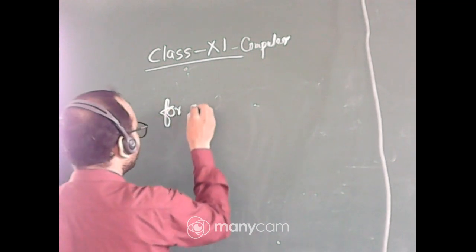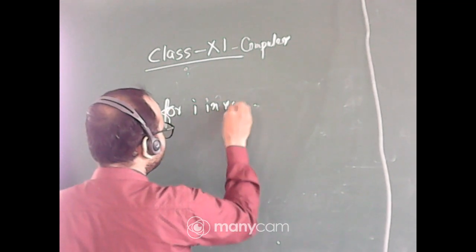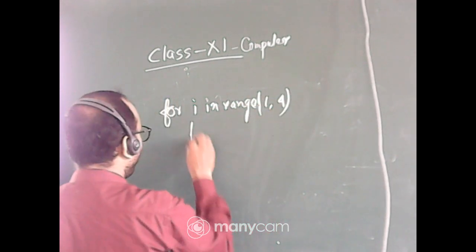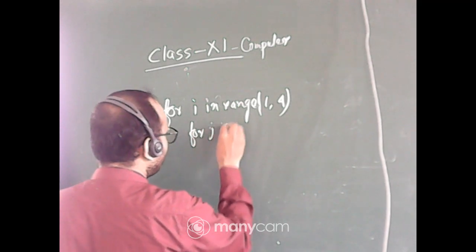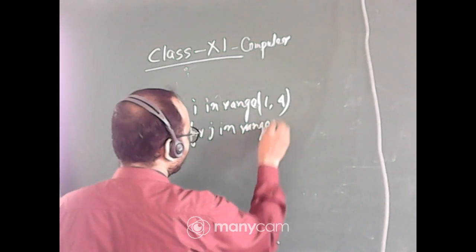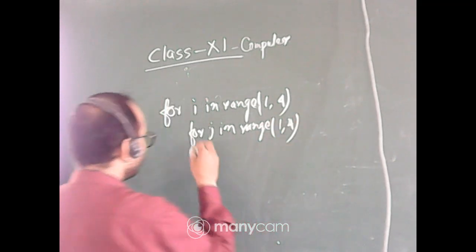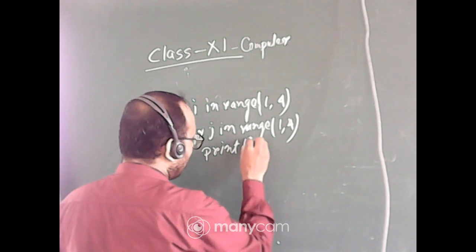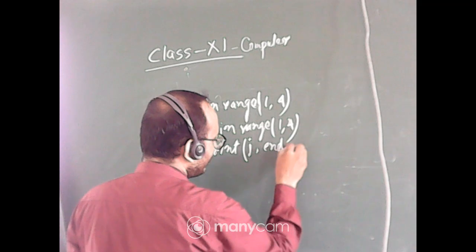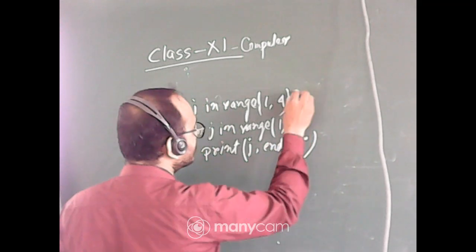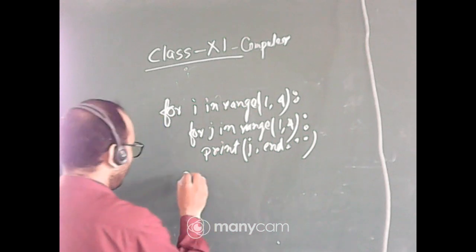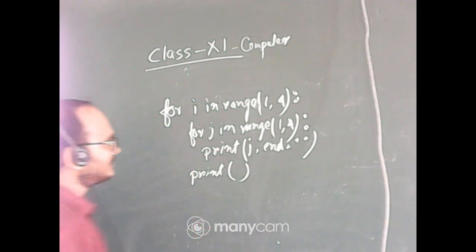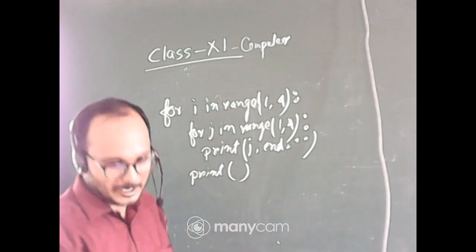For i in range 1 to 4, for j in range 1, 4, and now print the value of j and end equals to double quotation open and close. This will be a colon, and that will be print new line concept. That's the end of this program, isn't it?